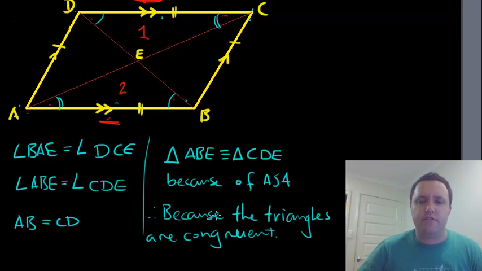So because these triangles are congruent, this length here must be exactly the same as this, because they're corresponding sides of our congruent triangles.